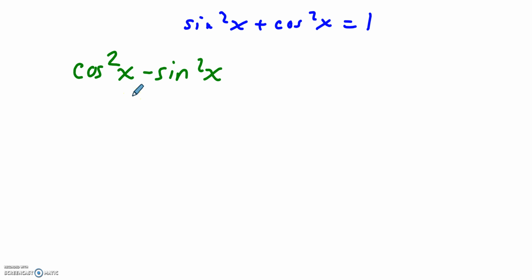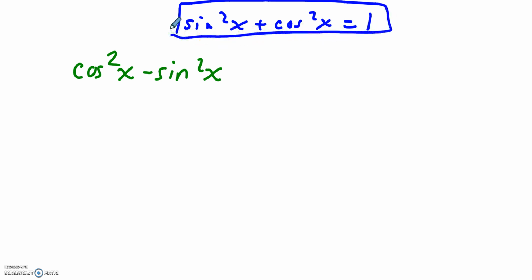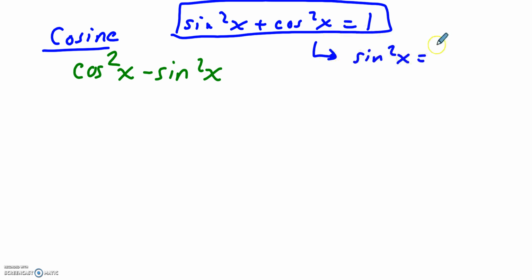So here's what I want to point out to you. This identity you can manipulate to help you. For instance, what if I wanted this entire expression all in terms of cosine? That means I'd need to get rid of the sine somehow. Well, from up here, if I wanted to get sine squared alone, I would just have to subtract cosine squared over here. So you could say that sine squared x is equal to 1 minus cosine squared of x.